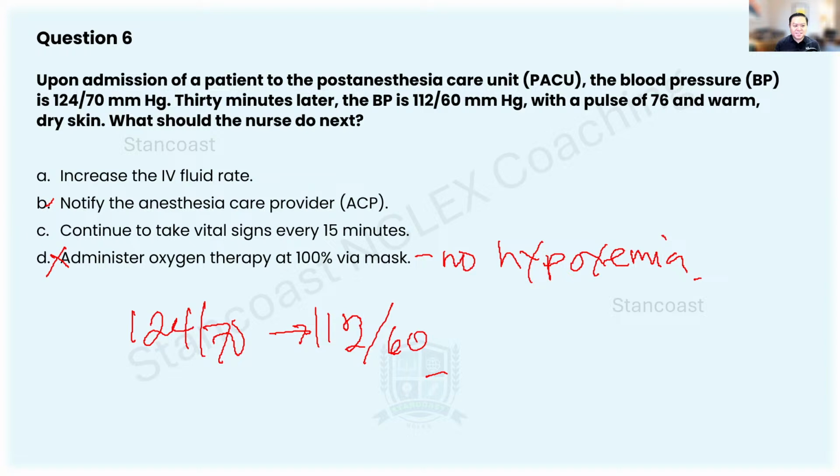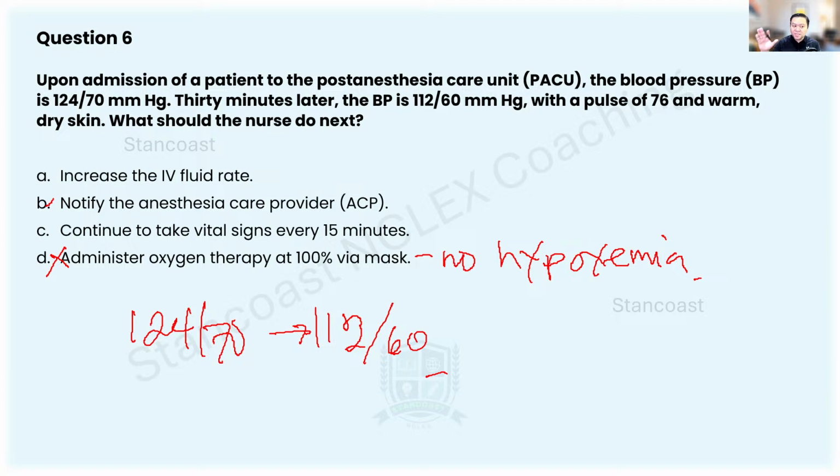Do you think that this is a significant change? 124 to 112? Not so much. Not a whole lot. The patient might have some form of hypotension around this time, and this could be as a result of the medications, could be pain medication, could be as a result of the anesthetic agents.